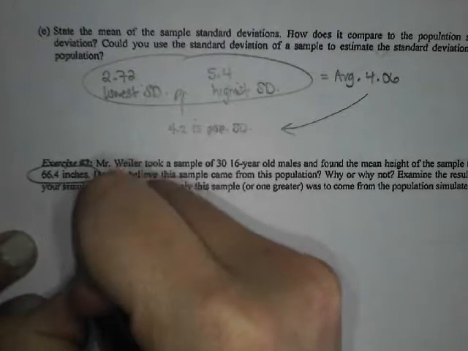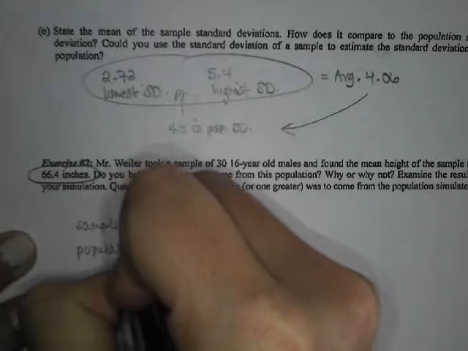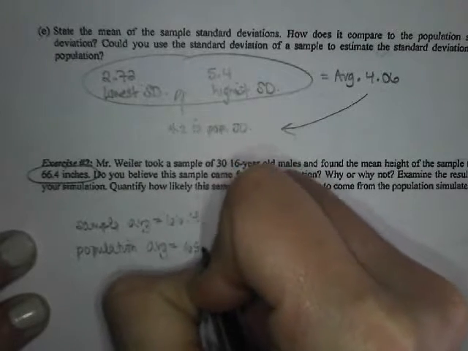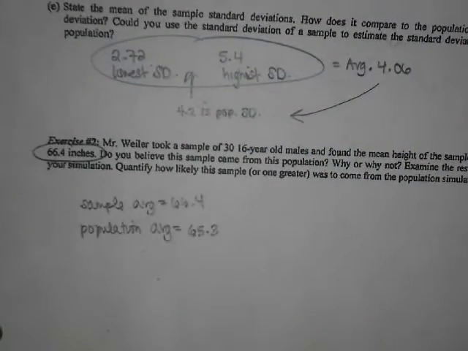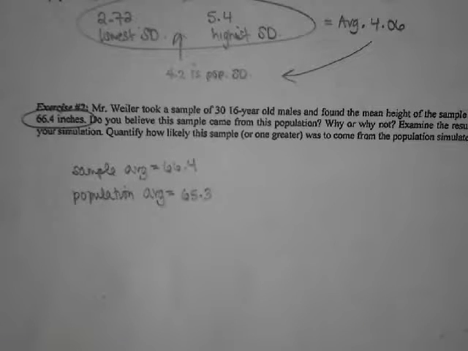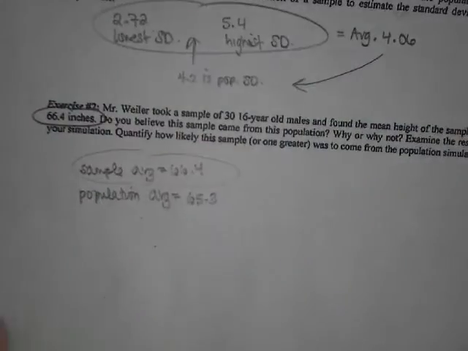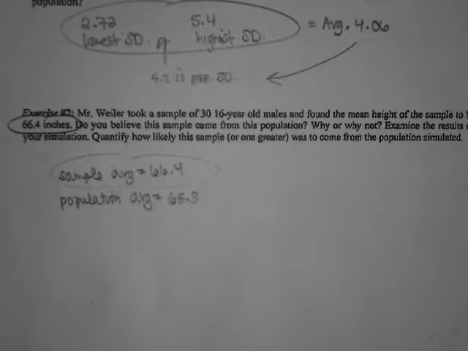The population average was 65.3. The question is, is that sample average overly high, to the point where we should be suspicious as to where he got his sample from? Hopefully he didn't pull up to the basketball court and ask those kids and use them as his sample.